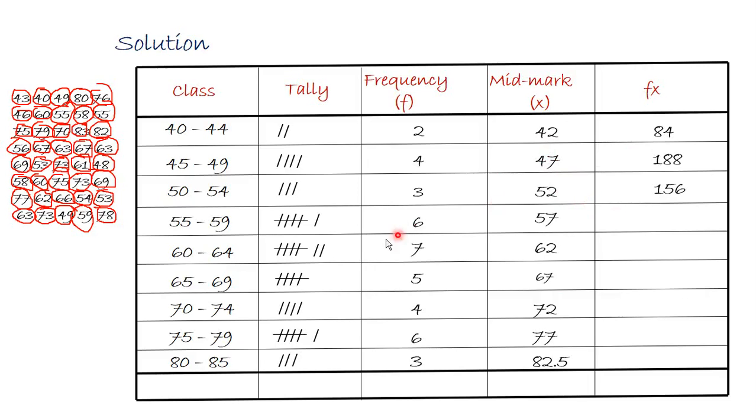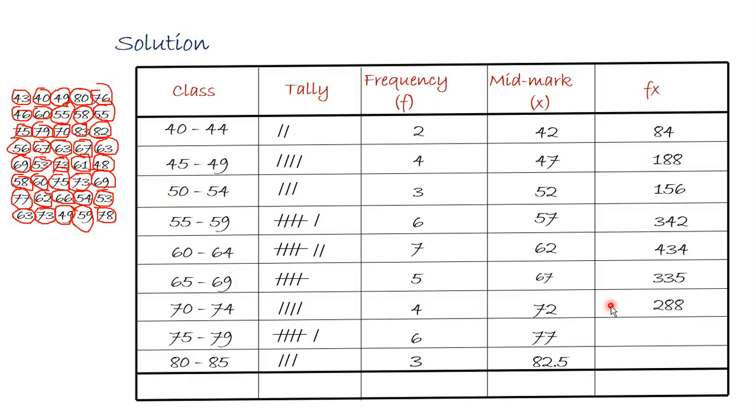Next 6 times 57, that is 342. The next is 5 times 62, 434. The next is 5 times 67, 335.